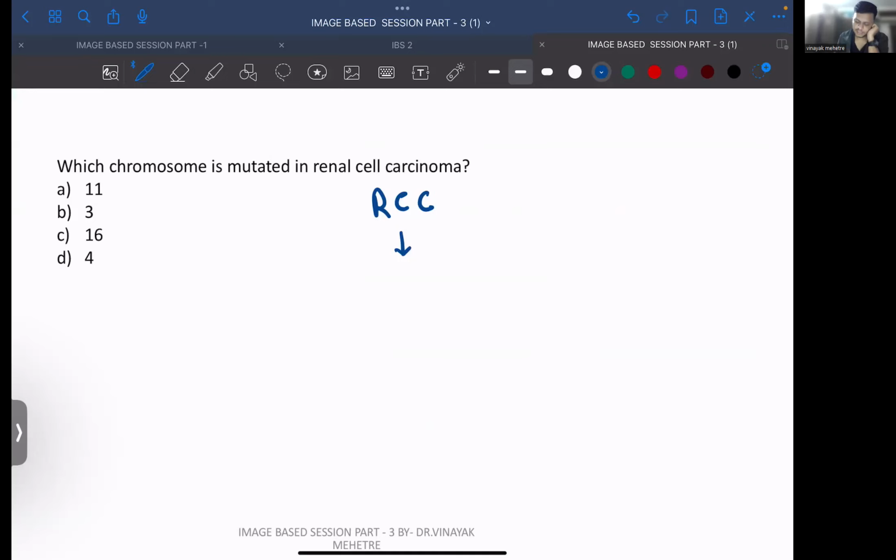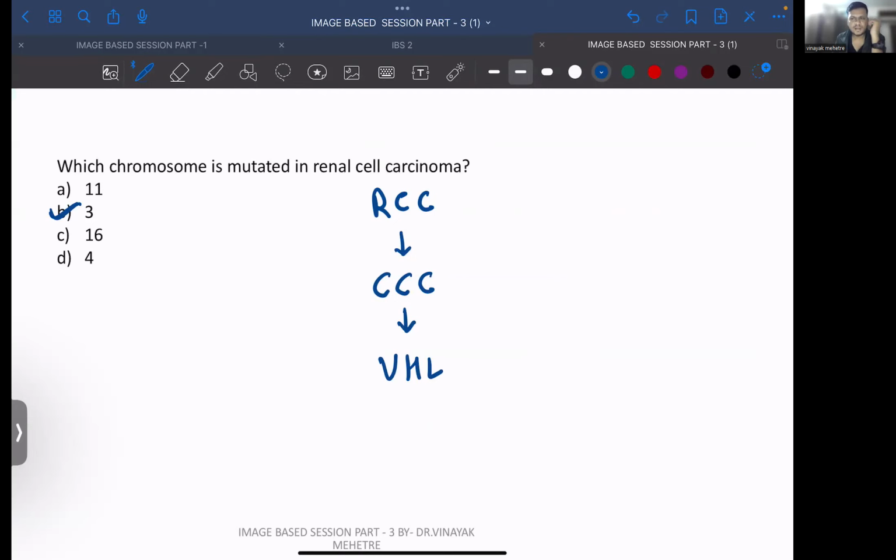That is clear cell carcinoma. Again, the answer will be 3: chromosome number 3. Which gene is mutated? The gene which has 3 alphabets, the VHL gene. So everything will be 3 in renal cell carcinoma.